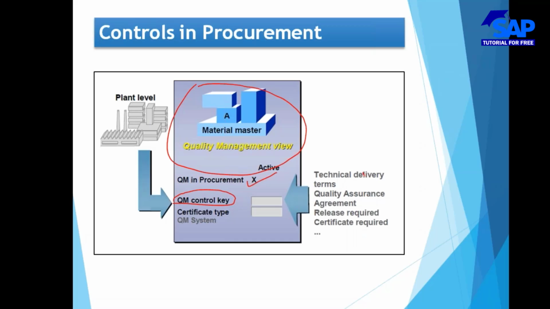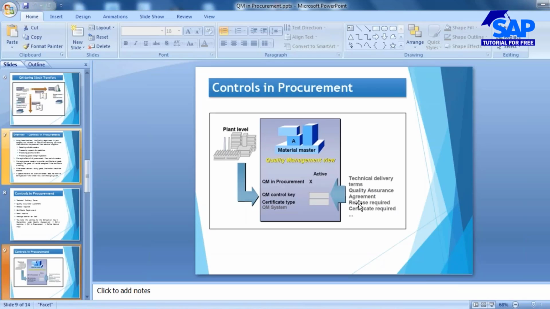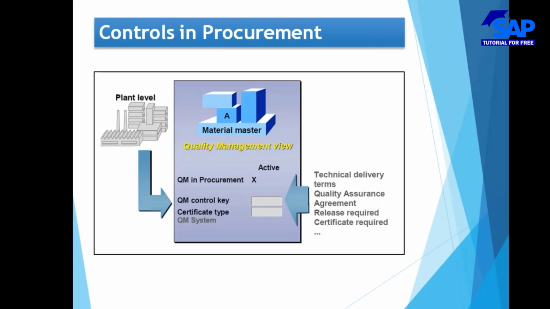In the control key you will make the relevant settings as per your requirements: vendor release, quality certificate, invoice block. You make those settings in this control key, and you will be activating that control key as per your requirement in the quality management view in the material master.